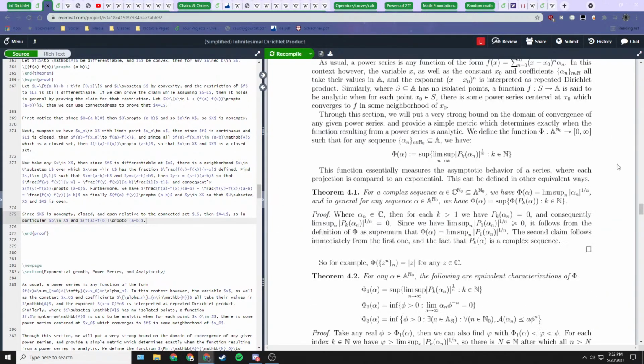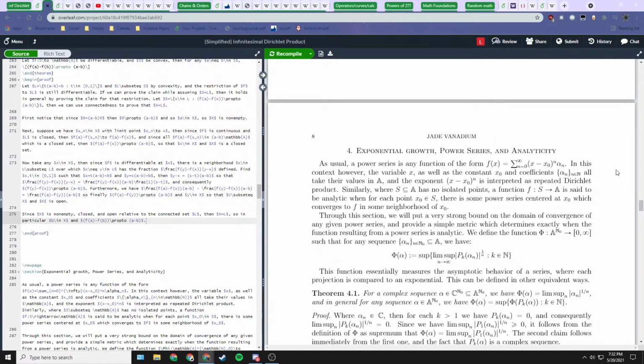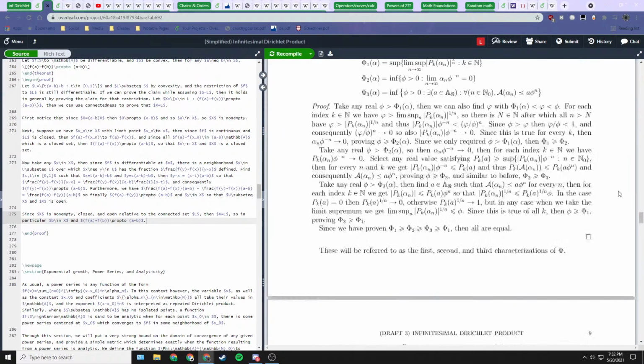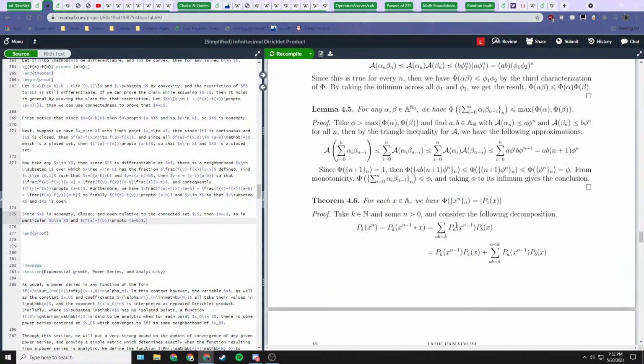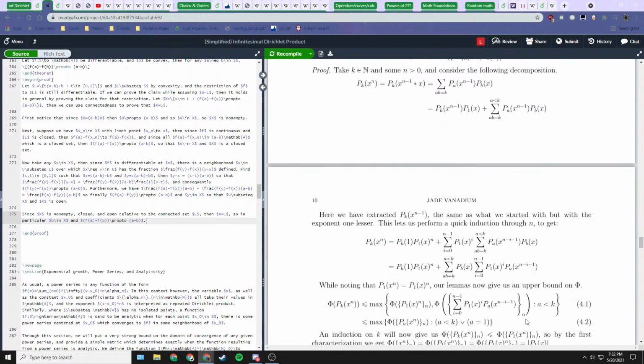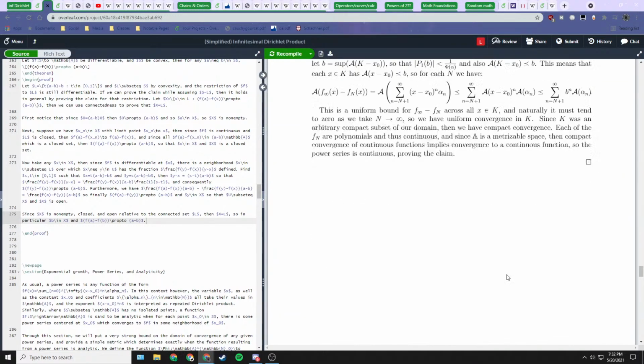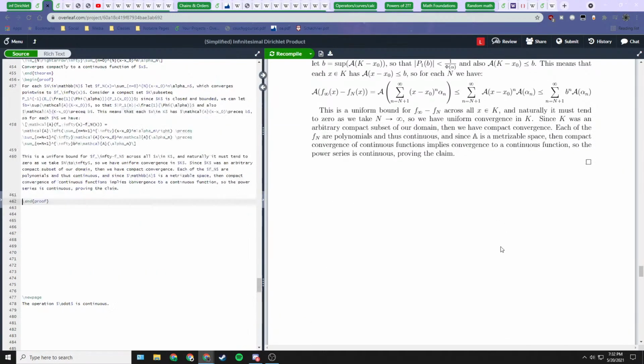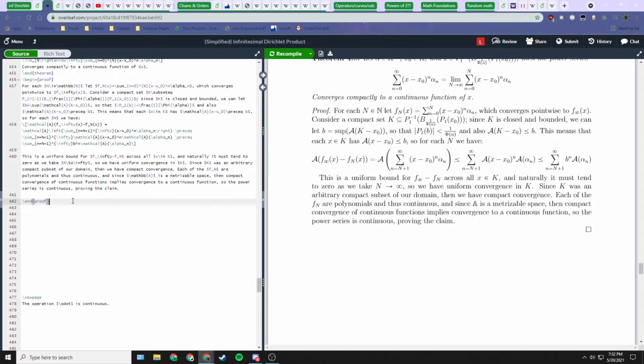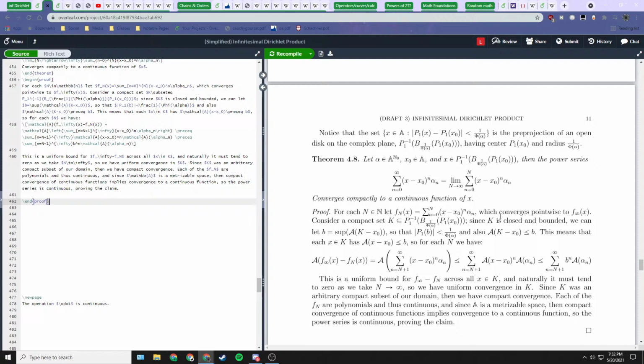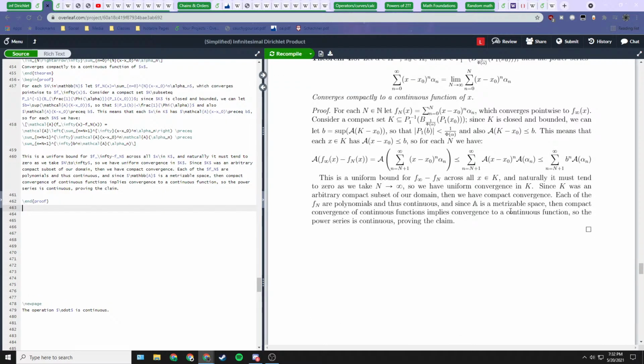In power series, what I want to prove is that power series are differentiable. We've already proven that they're continuous. They converge to a continuous function, which is sort of required.